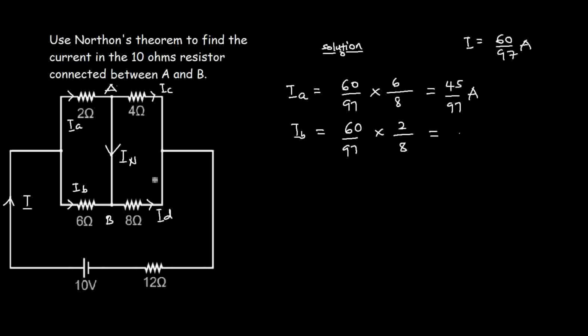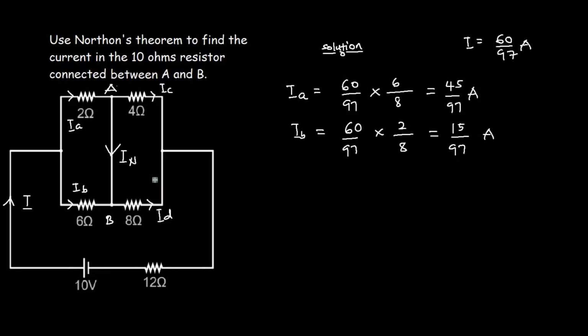When I did this it gave me 15 on 97 amperes. You can still find this IB by subtracting IA from the total current, and you still get the same answer.